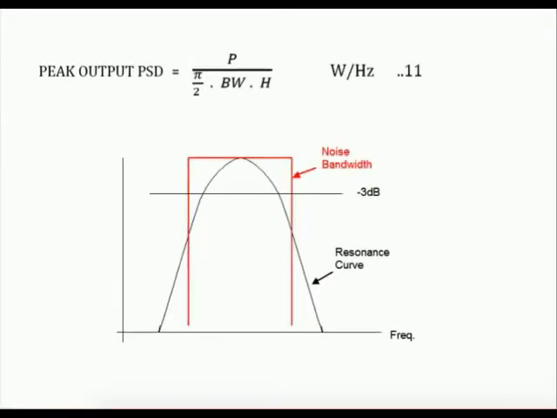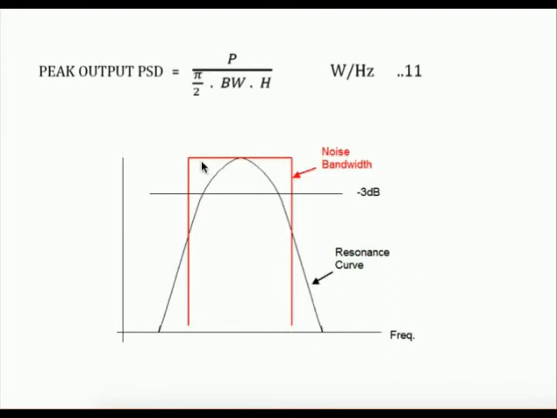So the output of the oscillator, the power spectral density at the output of the oscillator, which we're trying to calculate here, is equal to the peak power spectral density multiplied by this resonance curve. And we know what the resonance curve is. That's the standard resonance of a resonator, and we know how much it's narrowed by.